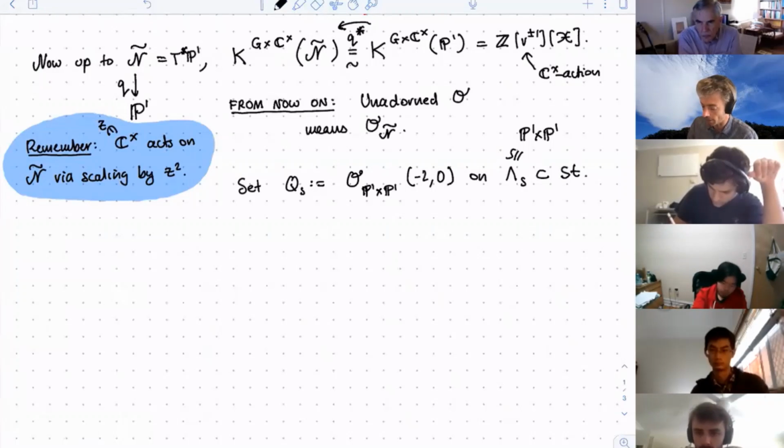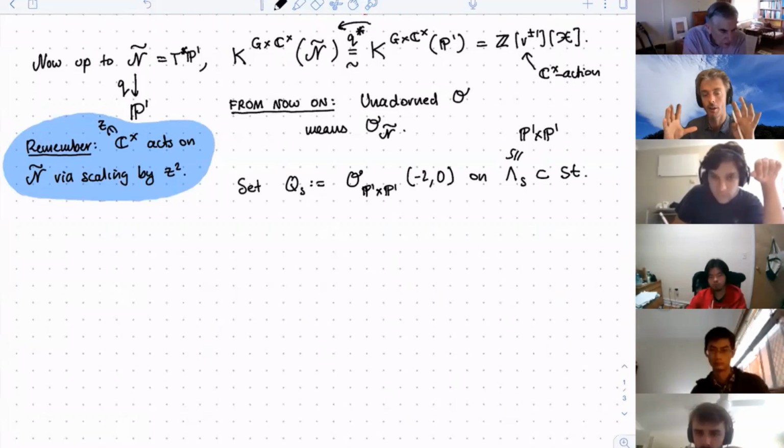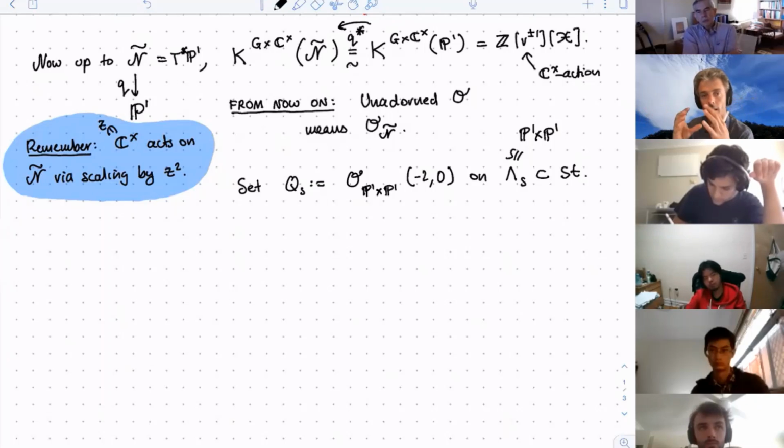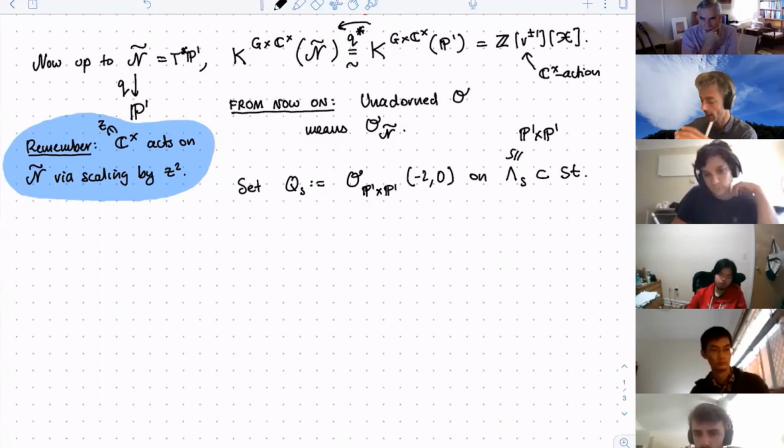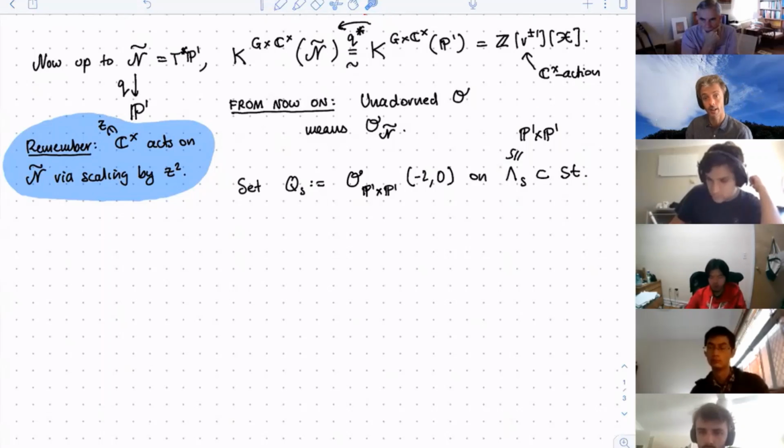Okay, so I went through this very briefly last time, but inside the Steinberg variety of SL2, we have the easy piece, the cotangent bundle T star P1, and the tricky piece, which is P1 times P1. And I said one should think about coherent sheaves supported on the T star of P1 as being like diagonal matrices. And now we're creating this off-diagonal element, this QS, and this is supported on this piece inside the Steinberg variety.